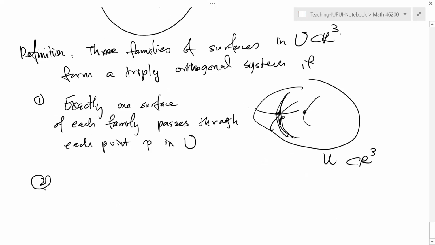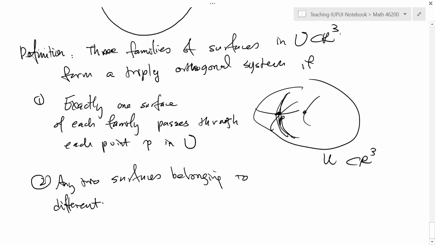All right, second, this is the key point. Any 2 surfaces belonging to different families intersect orthogonally.